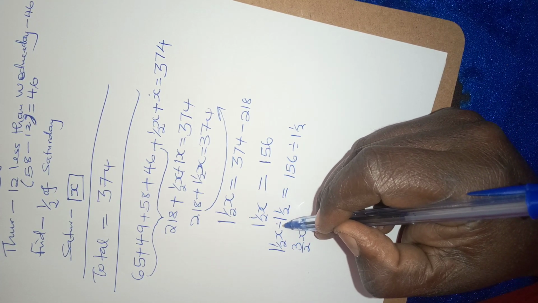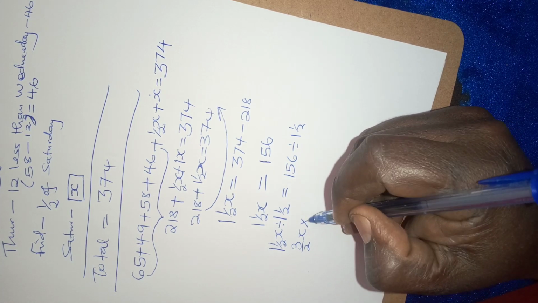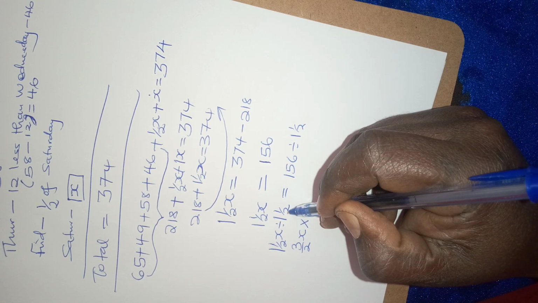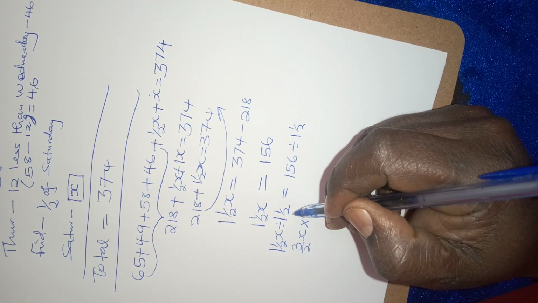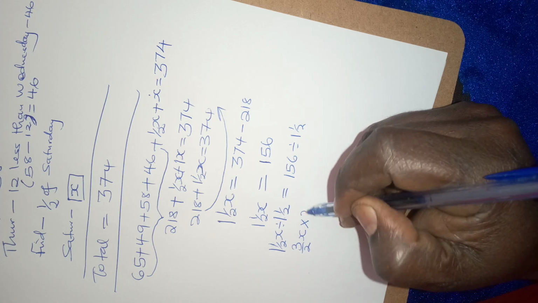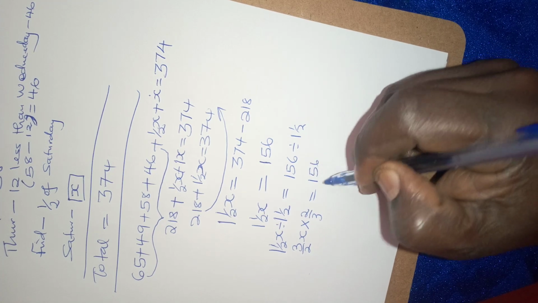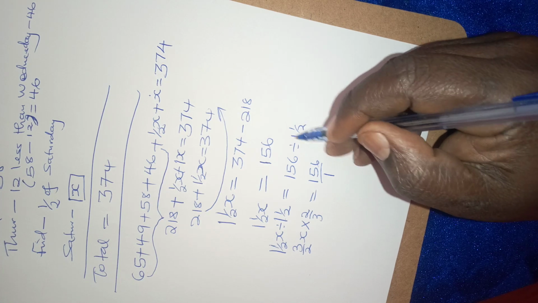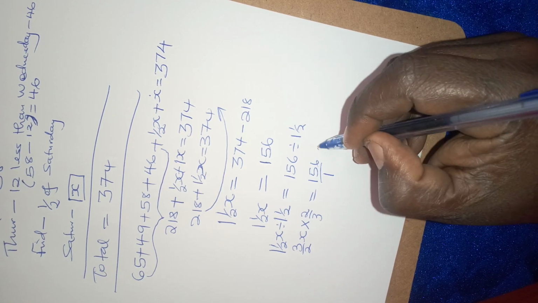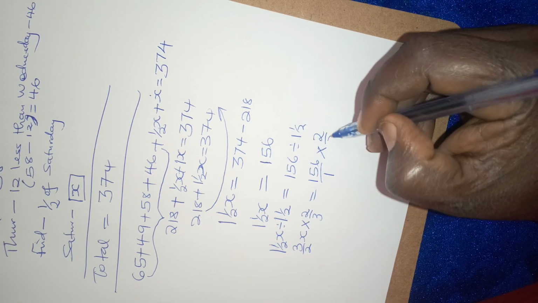Then when we have a division sign, because we are dealing with fractions, we shall make it a multiplication sign and use the reciprocal, which is 2/3. So X is equal to 156 over 1 times 2/3.